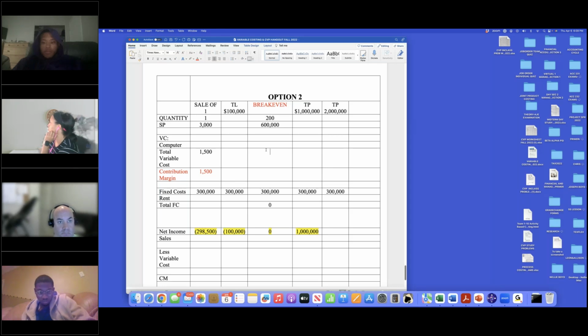It'll be how much? 300,000. Yes. Our contribution margin then is 300,000. Fixed cost 300,000. So we are at zero.